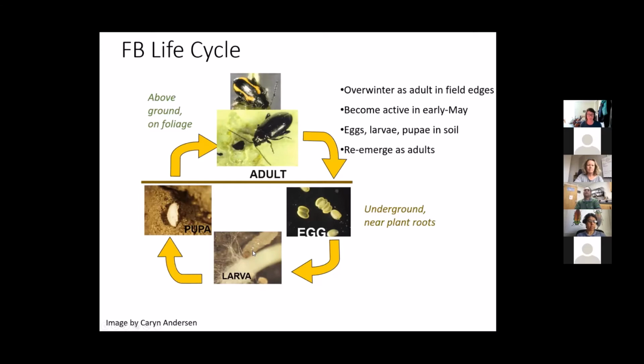They don't usually cause a lot of damage, but they can cause a little. They then emerge from the soil again as adults. Two species of flea beetles affect brassicas: the more common crucifer flea beetle and the striped flea beetle.